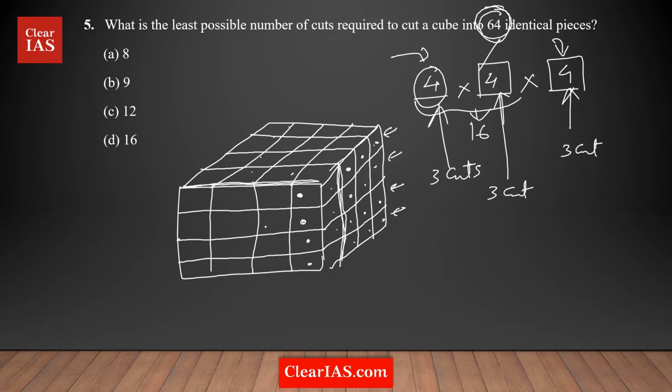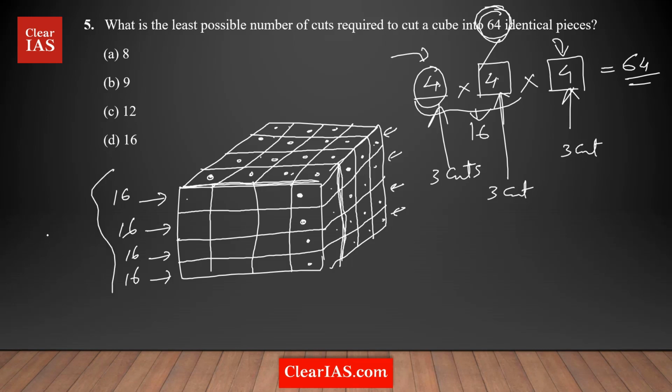Now we can see there will be a total of 4 times 4 times 4, 64 identical pieces. There are 4 rows, and each row has 1, 2, 3, 4, again 1, 2, 3, 4. In each layer there are 16 pieces. 16, 16, 16, 16, so in total 64.